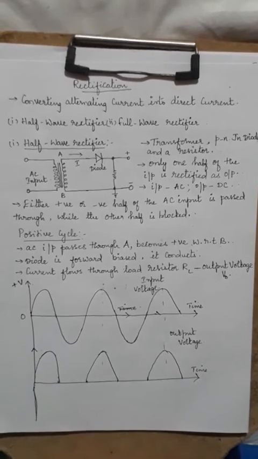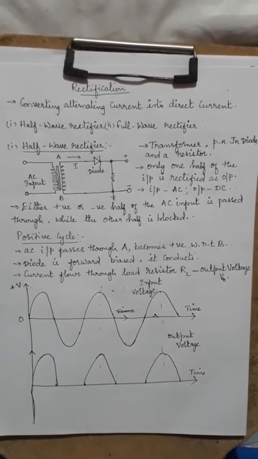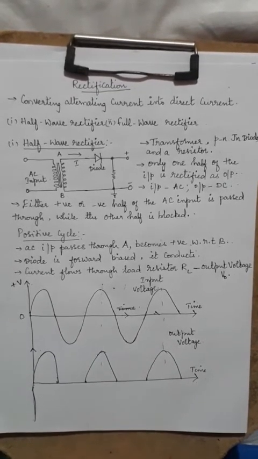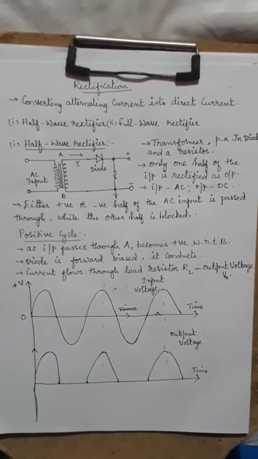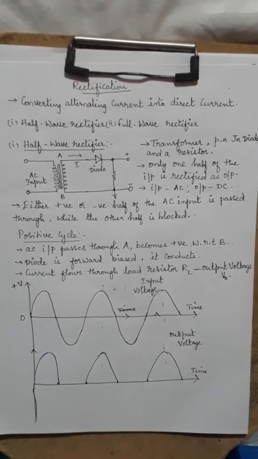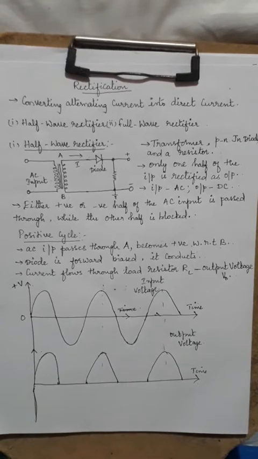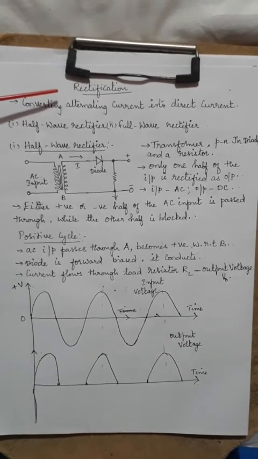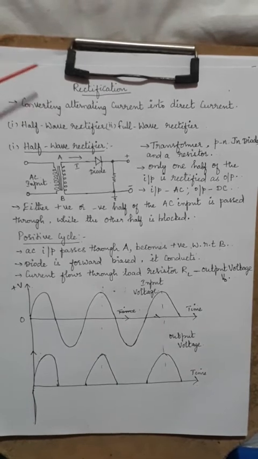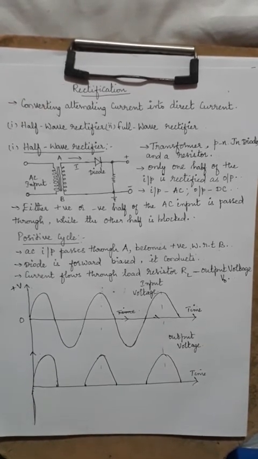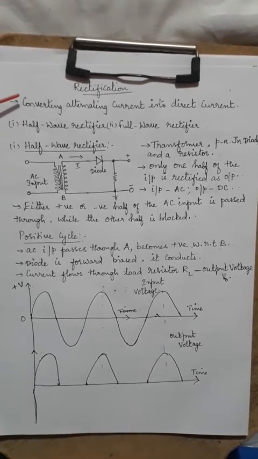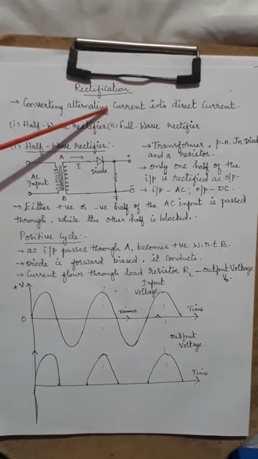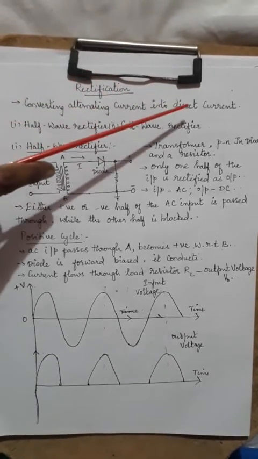Now, where are diodes used? The first usage is as a switch, and the second usage is rectification. It is used as a rectifier. The meaning of rectification is a process in which alternating current is converted into direct current.